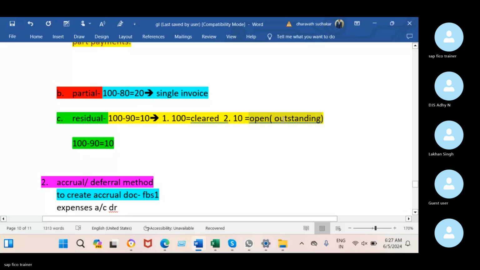Just imagine, you want to give me 100 rupees, but you paid me only 90. What was the balance? 10.